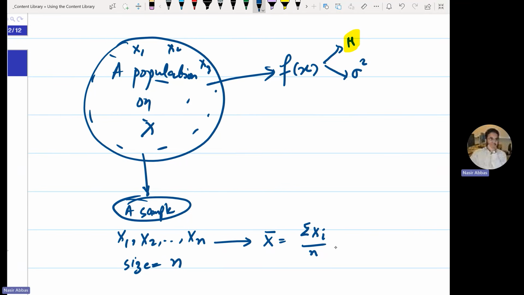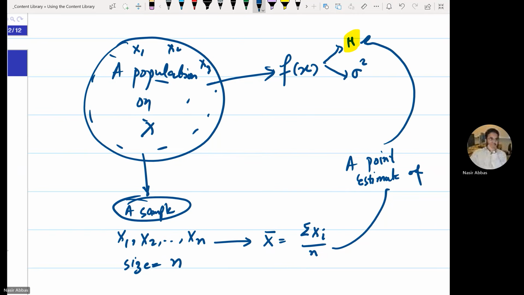And we said that this X bar is a point estimate of the unknown population mean mu. Correct? This is the whole story.